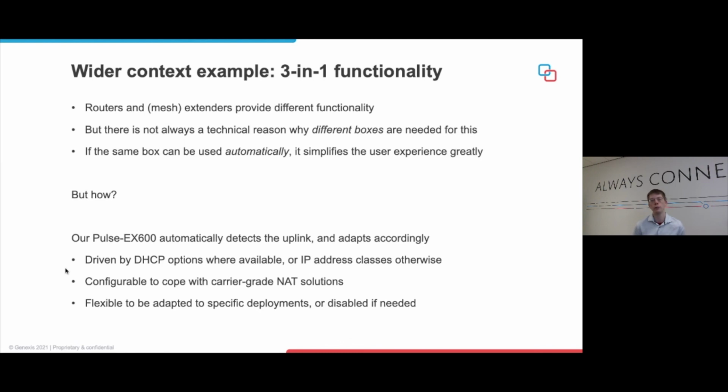So it's a very flexible solution that in most cases works automatically. And if there is fear that it doesn't work automatically in a particular situation, it can be adapted or it can be disabled as well. So this is how we can provide even better user experience with the 3-in-1 functionality to deliver products that the user can just connect and not worry about anything.